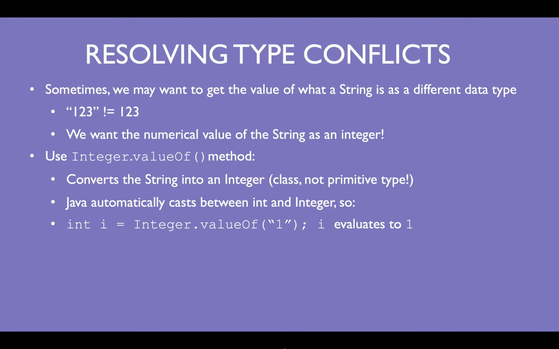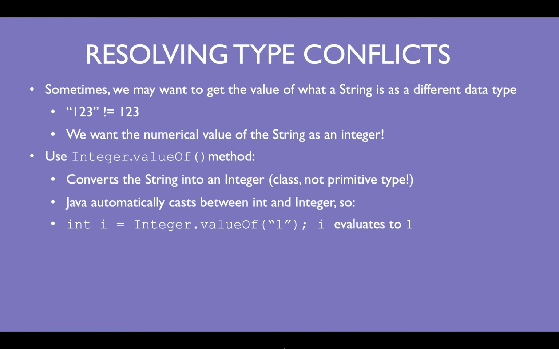But this really doesn't matter, as Java automatically casts between int and Integer, so that we can declare int i with lowercase int equals Integer.valueOf of the string 1, and i evaluates to 1, and even though the right side of the equal sign here, Integer.valueOf of 1, is a class Integer, we can still use int i and it will be just fine.